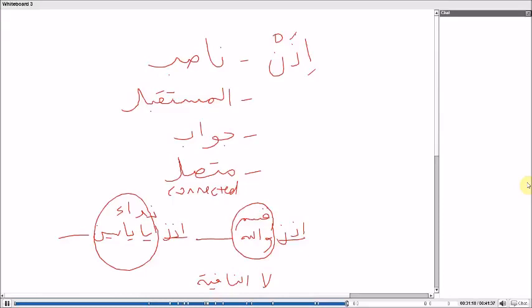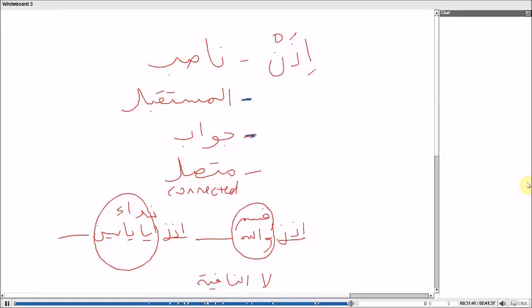Do you understand? Yeah. Idhin with the noon, the present or the future tense. It can only be used with the present or the future tense. The future, same thing. So idhin is for the future tense only.